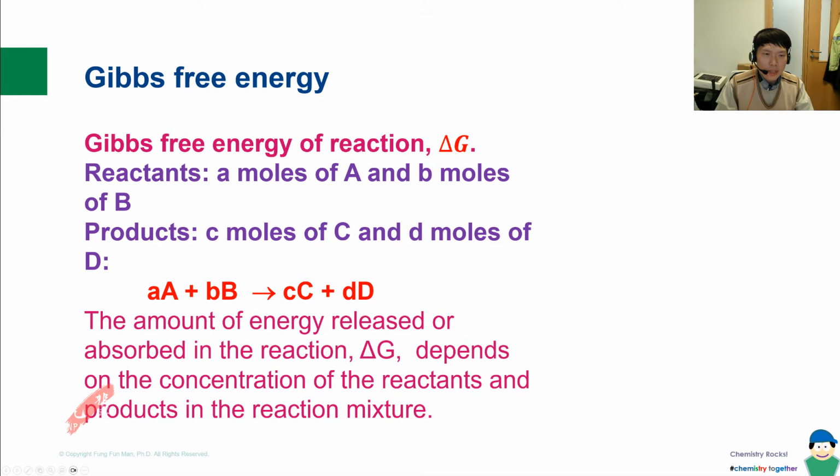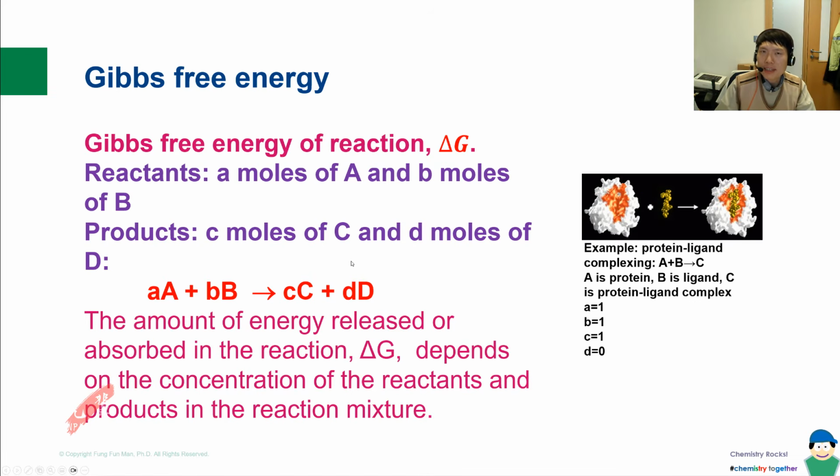Lots of things here, but given this reaction, a moles of A plus b moles of B giving you c moles of C and d moles of D, right? Reactant side, product side. If I tell you that it is going to the right side spontaneously, on its own, it means the forward reaction delta G is negative. Lots of free energy given.